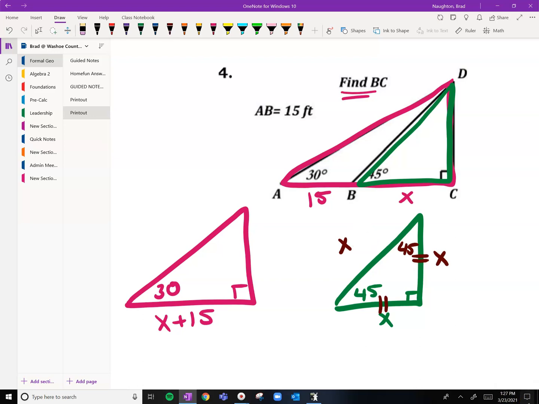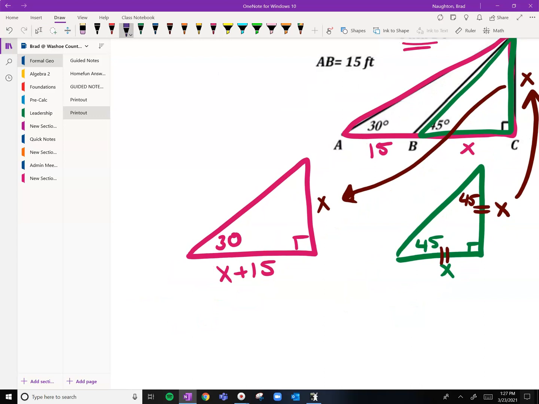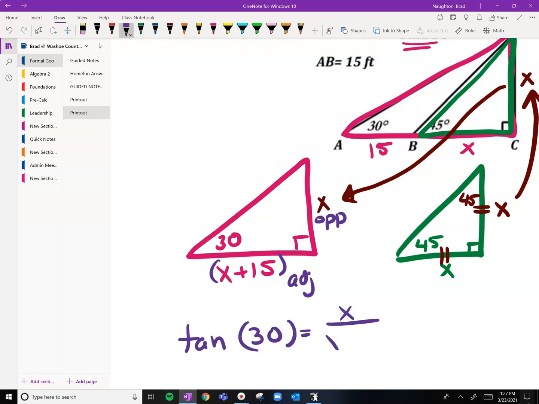So I'm going to erase this, but I'm going to say, wait a minute. If this is X, which is this side right here, that's the same X as this side over here. Well, check this out. So now I can say, if this is the opposite side, and this whole side here is the adjacent, then tangent of 30 is opposite over adjacent.